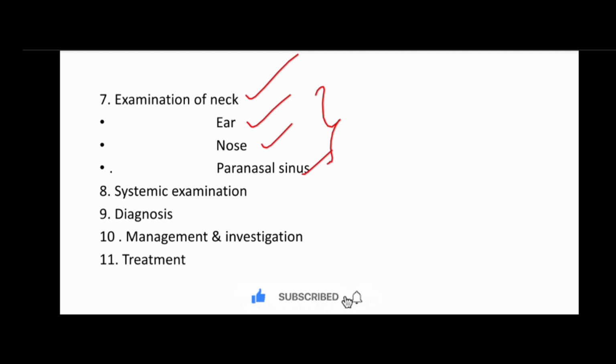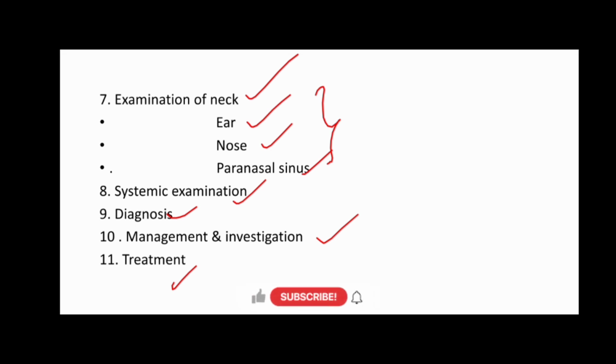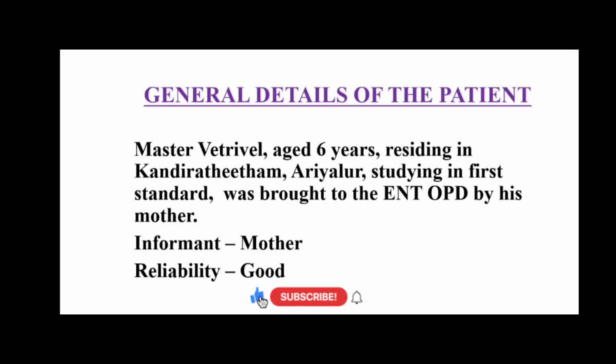So we have to examine the neck, ear, nose, paranasal sinuses, and do a systemic examination, and finally diagnosis, management, investigation and treatment. These 11 things should be included in your case before you present in front of professors. And we will now look straight at the adenotonsillitis case.